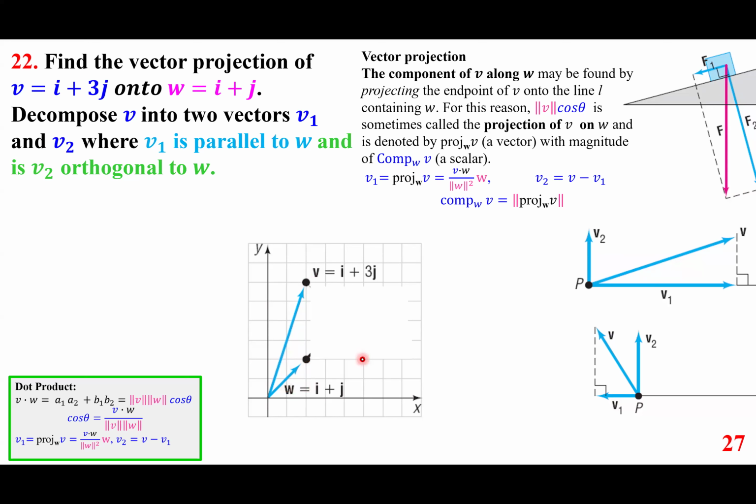Now, find the vector projection of this onto this. That means if you extend this, everybody, think about this one in essence as your, okay, let me erase more. Think of this one as your x-axis in essence, okay?